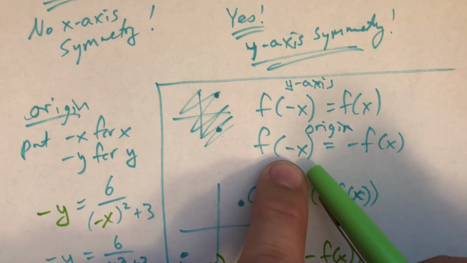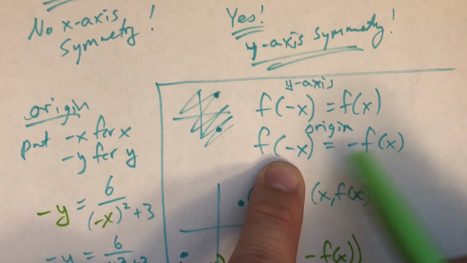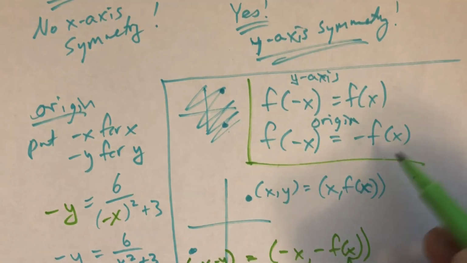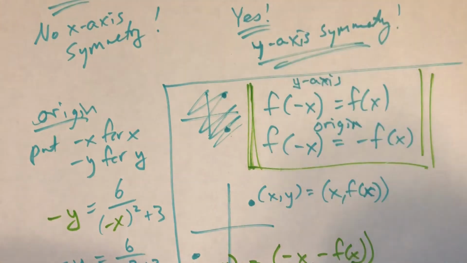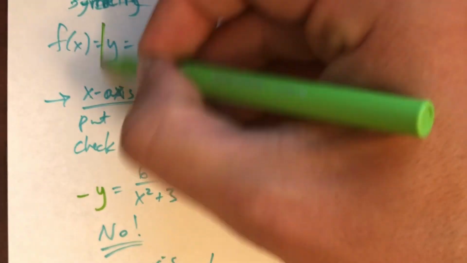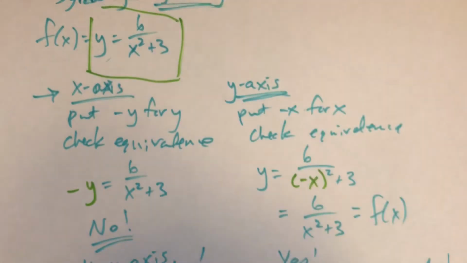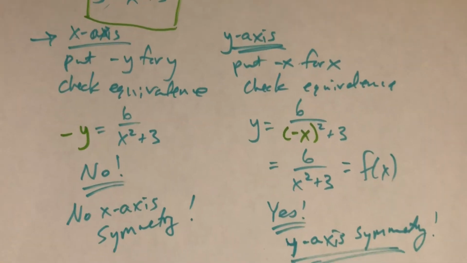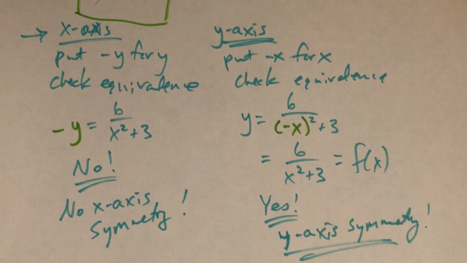And if we put a negative x in there and then we get the negative of what we originally had, then that's going to tell us that we've got origin symmetry. But if we wanted to just put a y instead and think about it as just a general relation, we can absolutely do that too. But in the case of a function, you're never going to find x-axis symmetry.